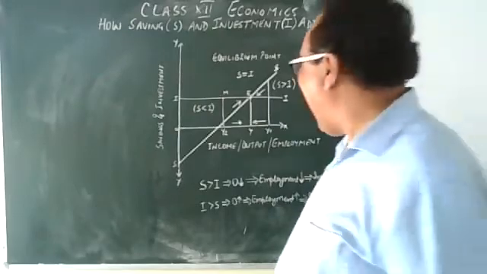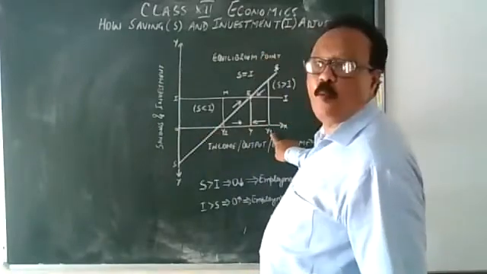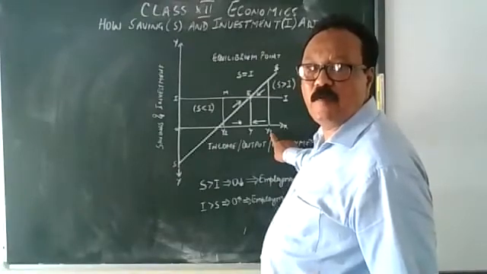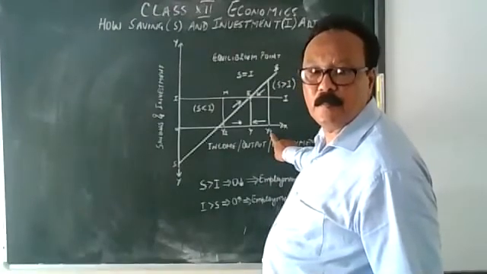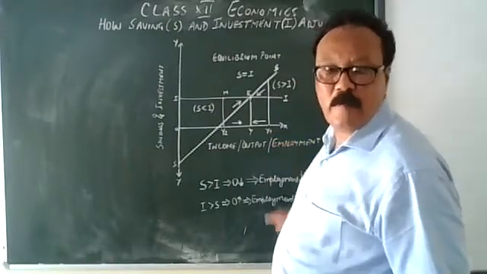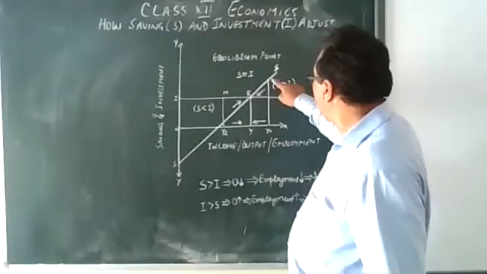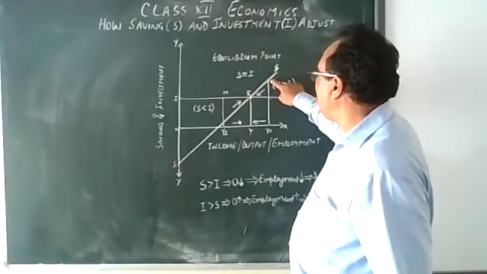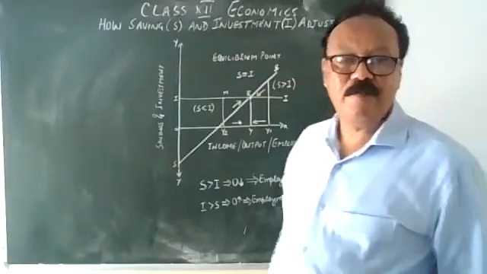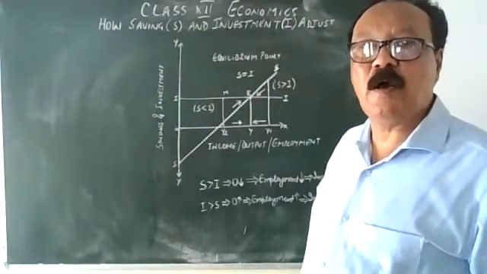First, at OY1 level of income, the saving curve lies above the investment curve.